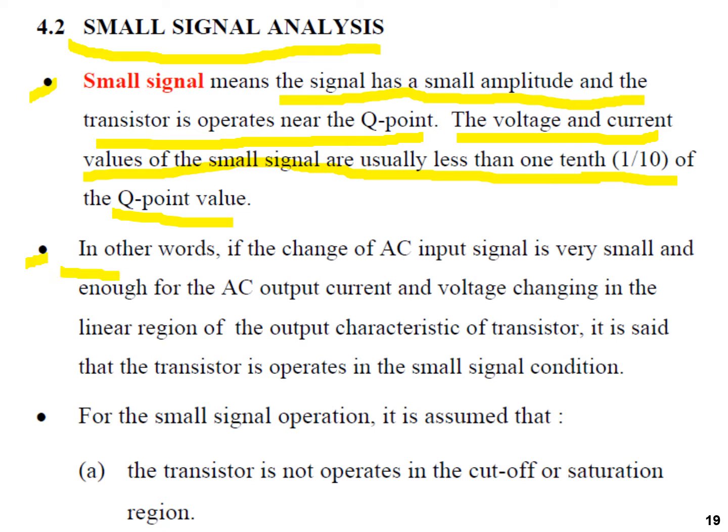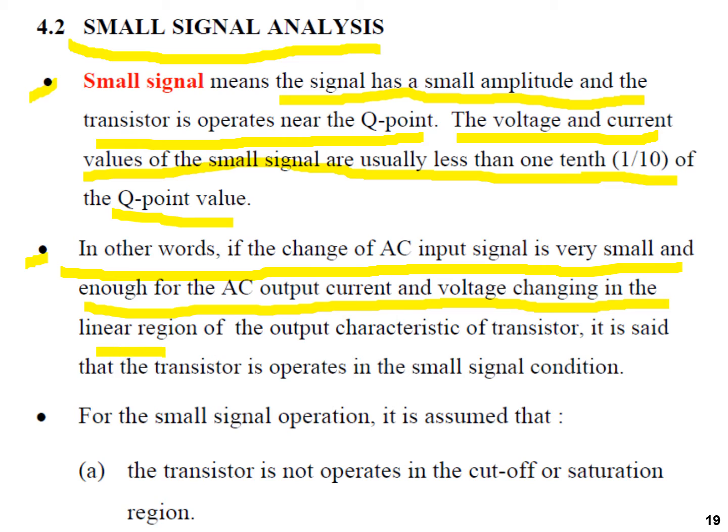In other words, if the change of the AC input signal is very small and enough for the AC output current and voltage to change in the linear region of the output characteristic of the transistor, it is said that the transistor is operated in the small signal condition.